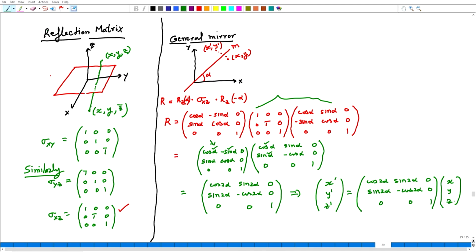So I will know that this mirror will take the point x, y to the point x prime, y prime. In the subsequent lecture, I will be discussing combinations of mirror operations, combinations of mirror and rotation operations, and obtain all the two-dimensional point groups. Thank you.